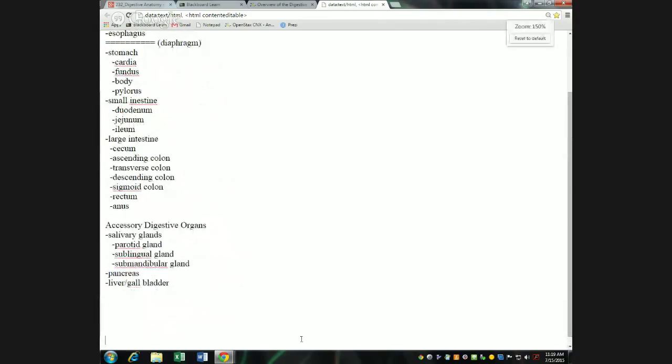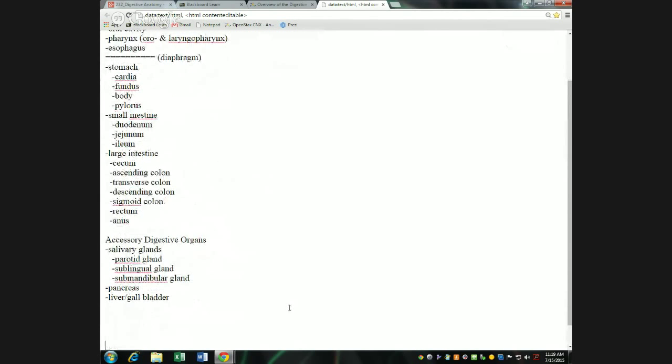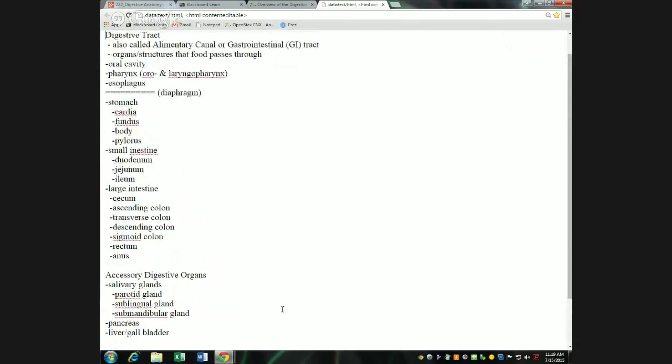Okay, I'm making the text very small so that we can fit it all on the screen. But again, there's the digestive tract, which is what the food moves through, and the accessory organs, which the food doesn't go through any of those, but they make digestive juices to help with all of this.